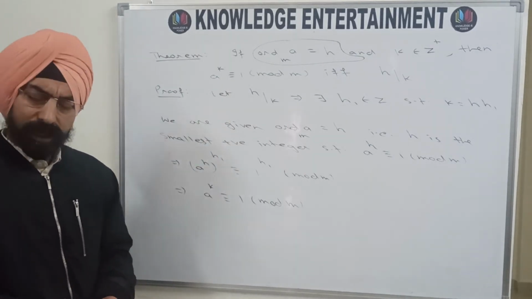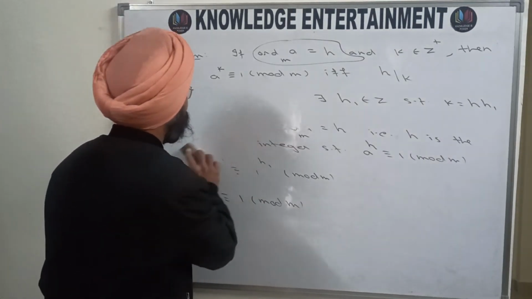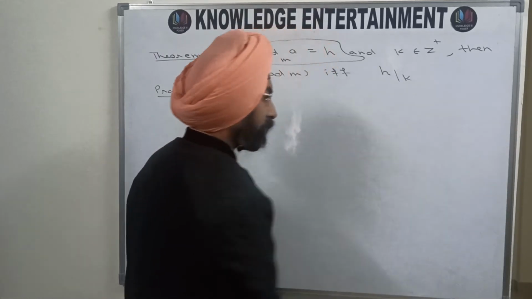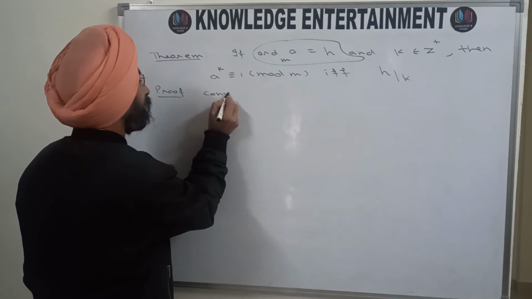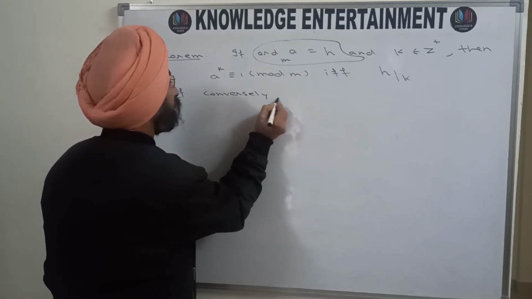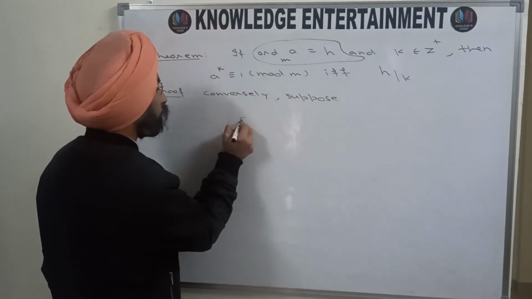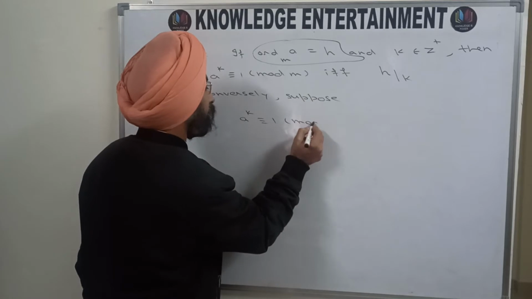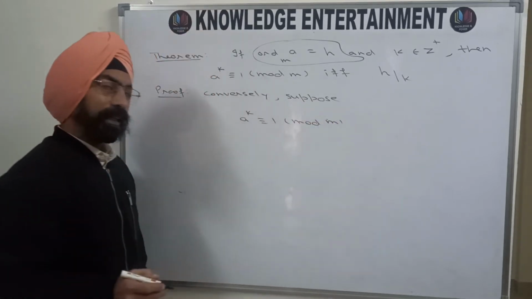Let us move on to the converse part. Conversely, suppose a raised to the power k is congruent to 1 modulo m. Let this be given.